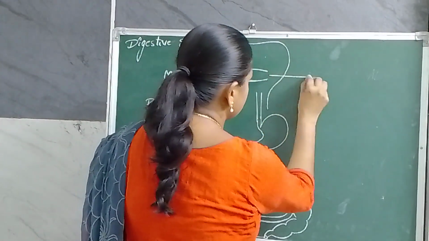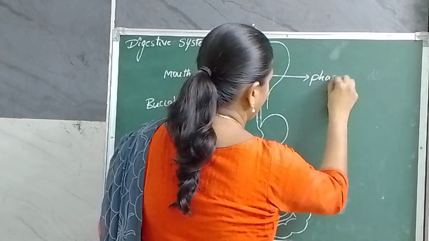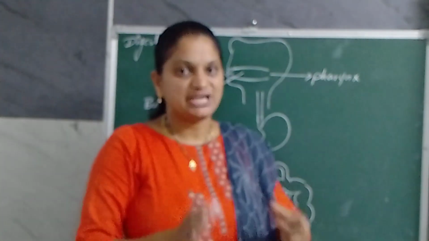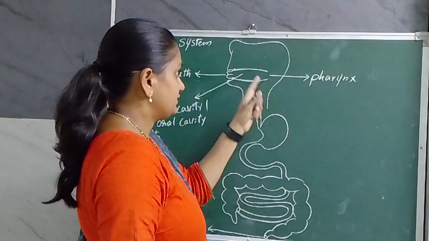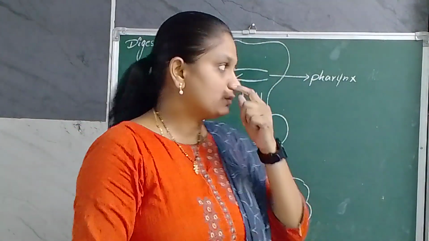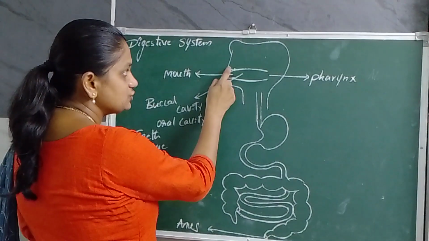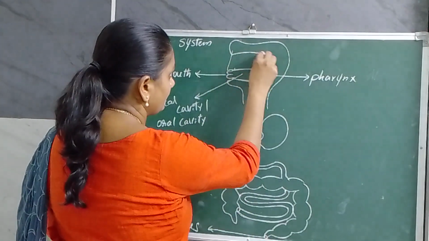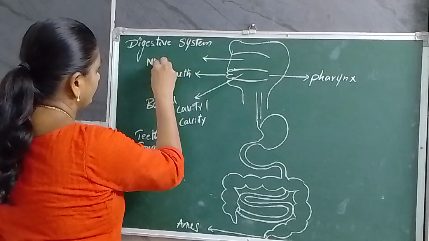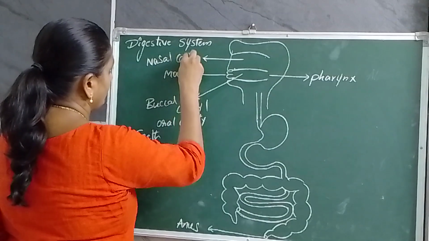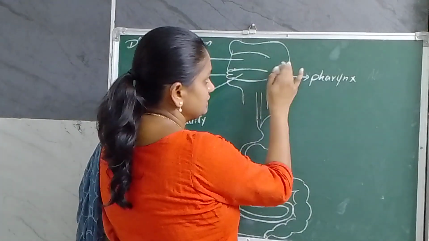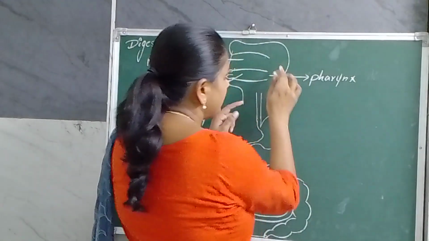So this region is nothing but the pharynx. This is not an exact structure, it is a junction or a point where the nasal cavity opens. These are our nostrils, and these nostrils open into the nasal cavity, and this junction is also a portion of the pharynx.